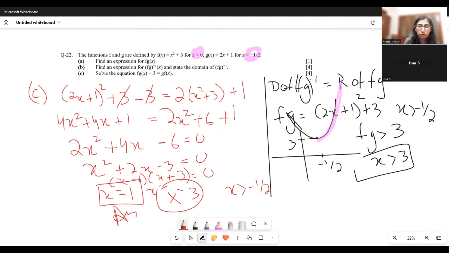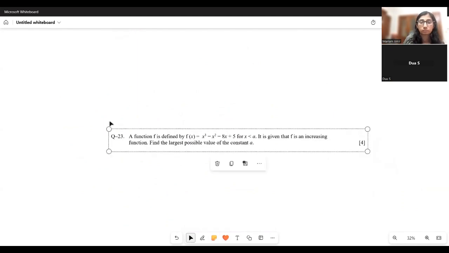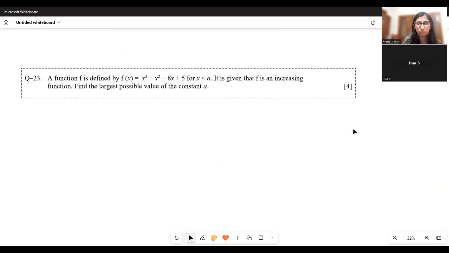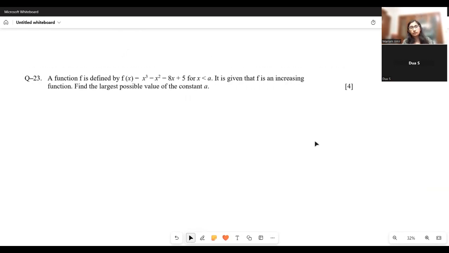Let's do one more question. Function f is defined by f(x) equals x cubed minus x squared minus 8x plus 5 for x less than a.